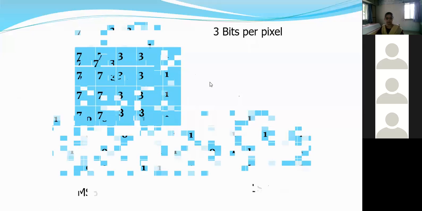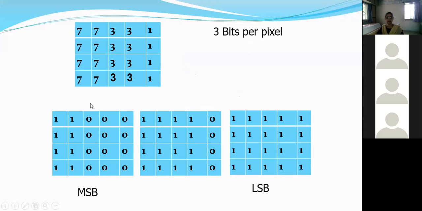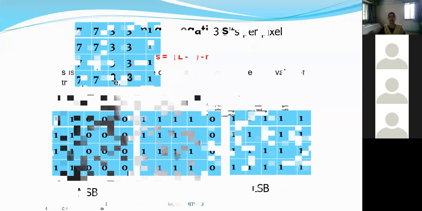So for this given image, this is your most significant bit plane, this is the least significant bit plane, and this is your middle binary plane. That is representing the central bits for all these numbers.